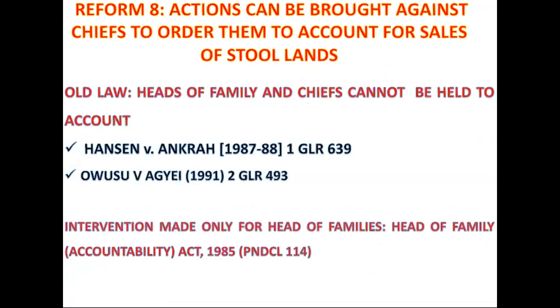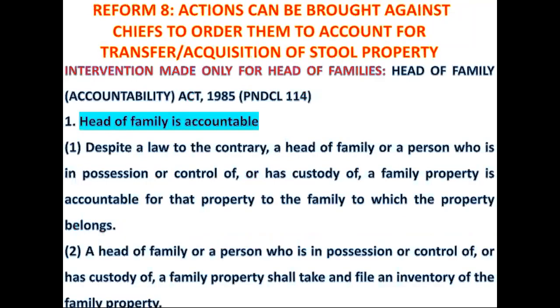Now, when it came to stools, there was no law that had been passed that would make occupants of stool liable to account. So the law as it stood was that heads of family could be brought to account. But for stools, if you read the case of Owusu and the J, 1991, 2 Ghana Law Report, page 493, there was no definite statement extending the applicability of the Head of Family Accountability Act to stools.